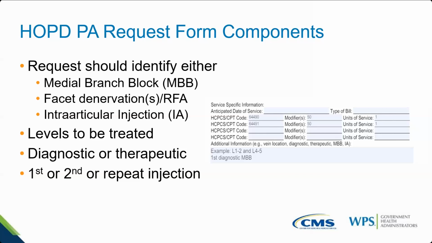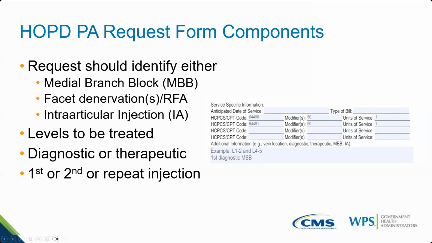So some of the key points that you should have on your prior authorization request, whether you're using this form, which is actually a snippet from the downloadable form, or whether you're using the form on the provider portal, the online form that you fill in when you are submitting via the portal.